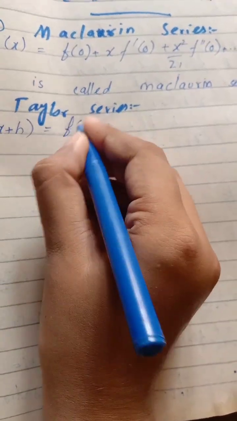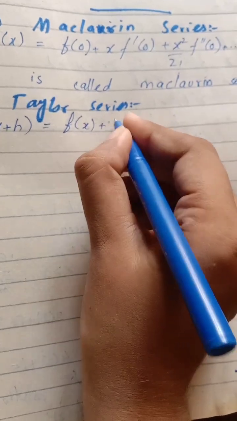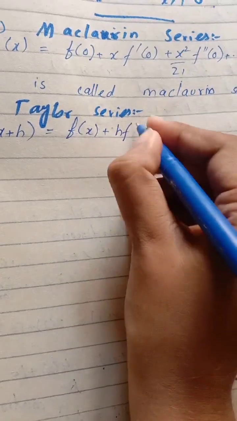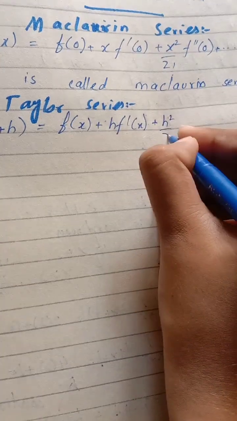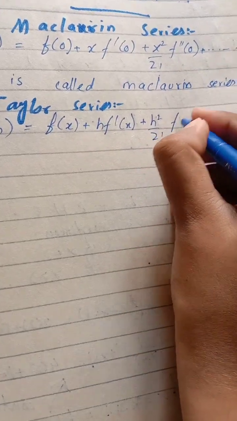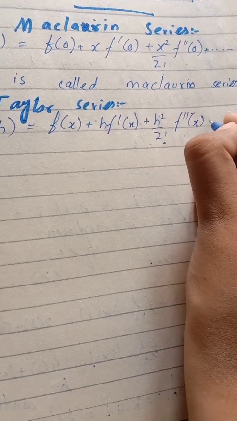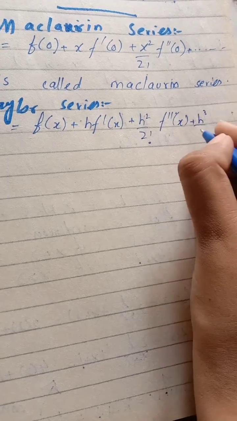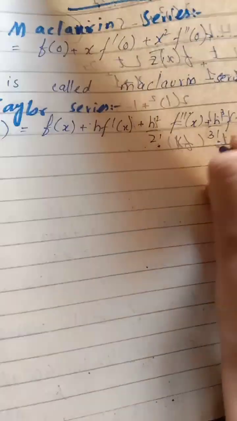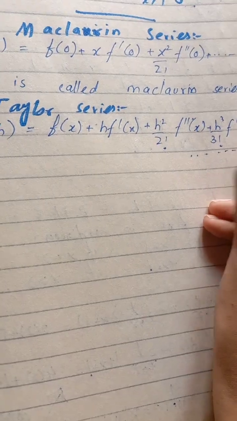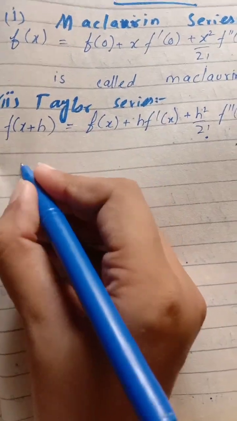These are equal to f of x plus h f prime of x plus h squared by 2 factorial f double prime of x plus h cubed by 3 factorial f triple prime of x, and so on.